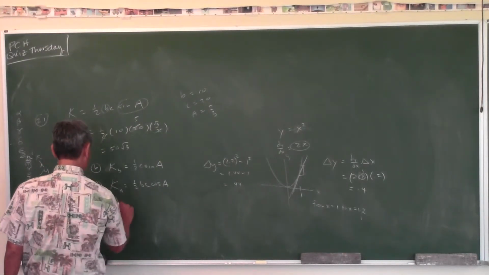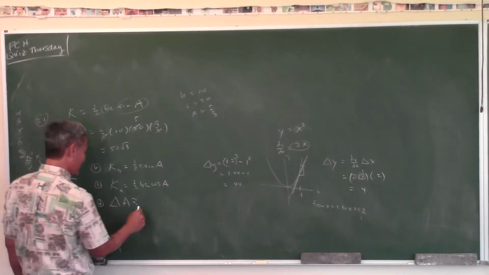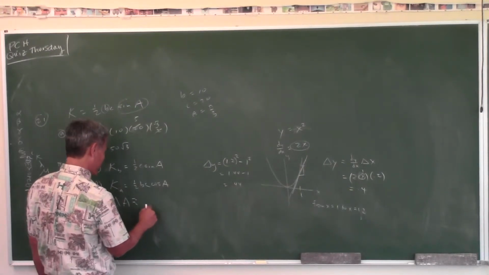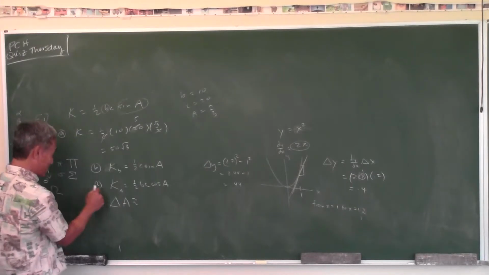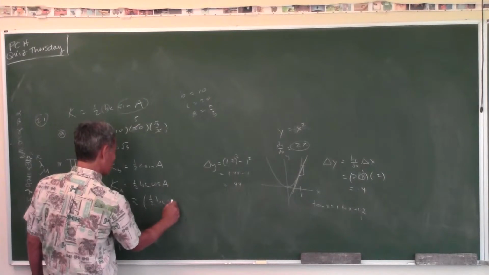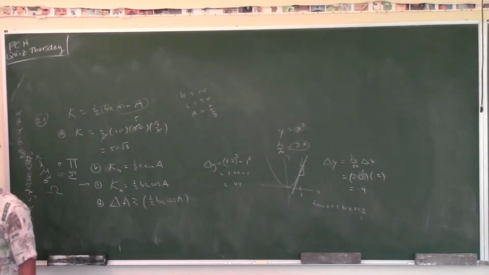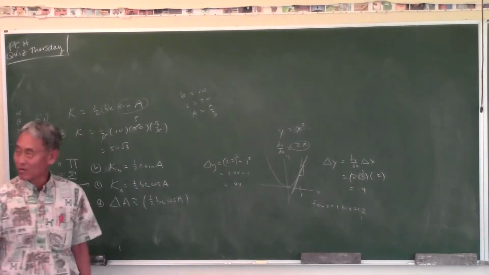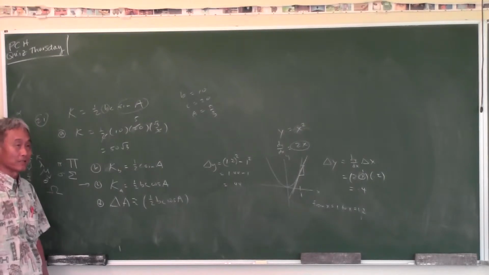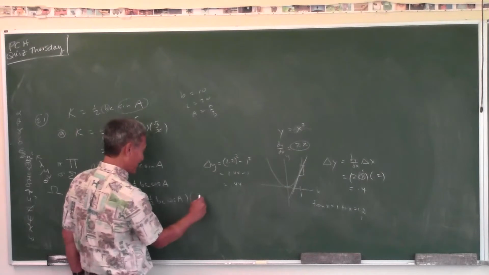So the change in area is approximately, if we use what we did there, 1/2 BC cosine A, the derivative, times the change in A. What is the change in A? 1 degree, so we have to convert that to radians. 1 degree is pi over 180.